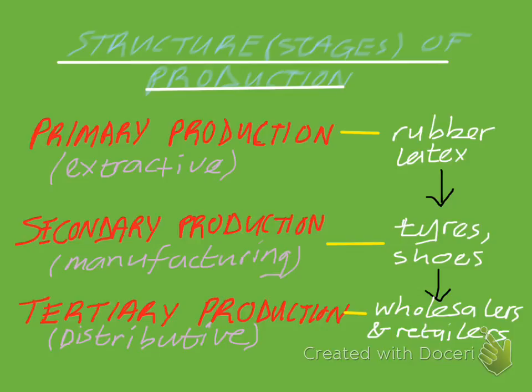Tertiary production may also include other services like teaching, the services of a lawyer, musician. And then the goods must end up with the customers, therefore completing the production process. We'll move forward to types of goods.